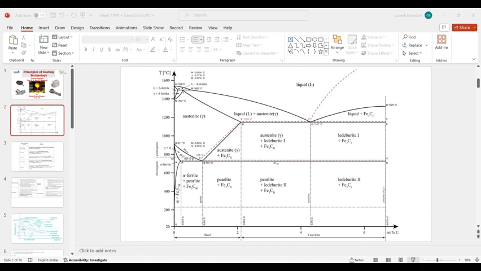I remember in the earlier process, we were talking about heat treatment between the upper critical temperature line and lower critical temperature line, in the range of 723 degrees Celsius to around 950 degrees Celsius, that G to S line, so we were talking about this region.